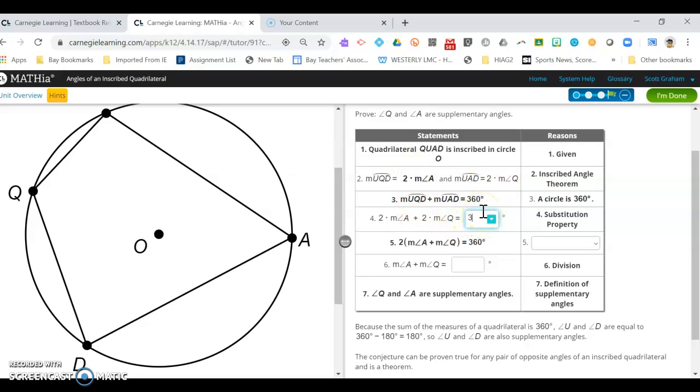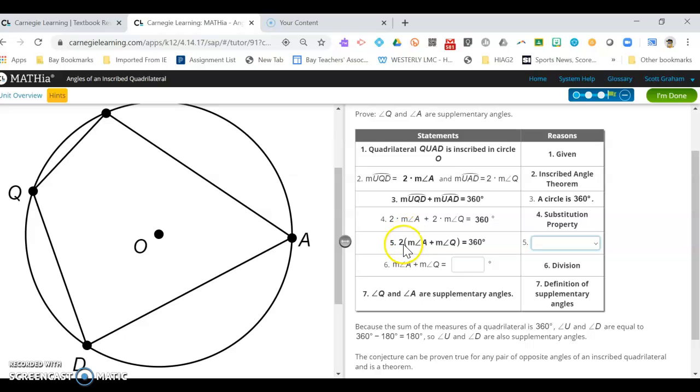This should equal 360 degrees. So we did 2 times the measure of angle A plus 2 times the measure of angle Q equals 360.